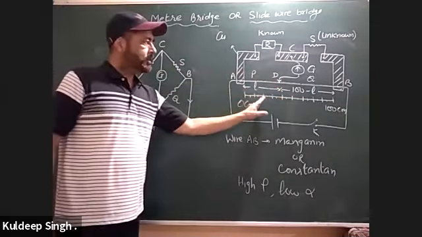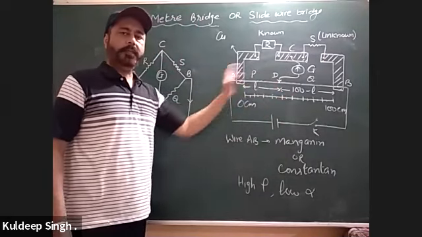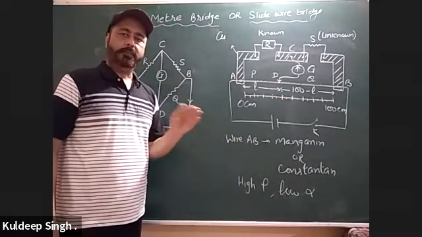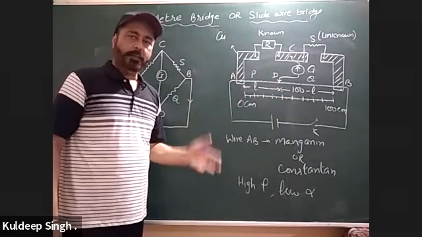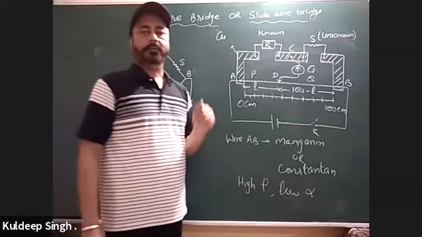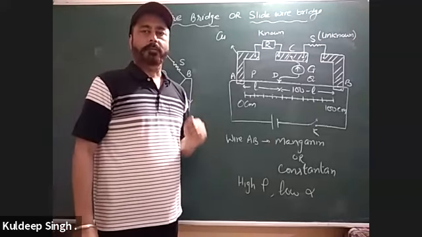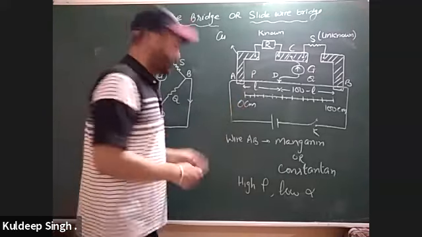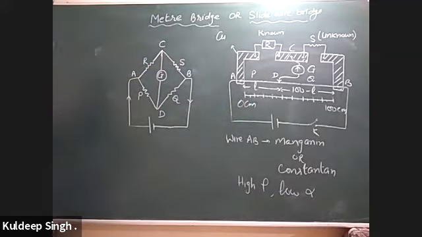By using this meter bridge, we can find out the unknown resistance, we can find out the resistivity of the material of the wire, as well as we can also verify the laws of series and parallel combination of resistances. So how to use? Let us discuss its principle.